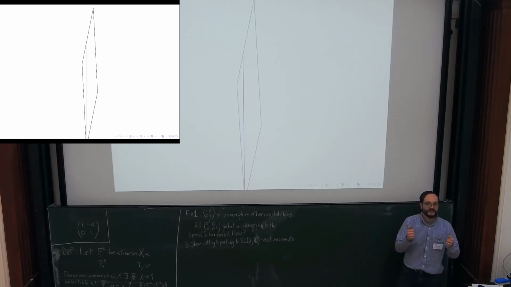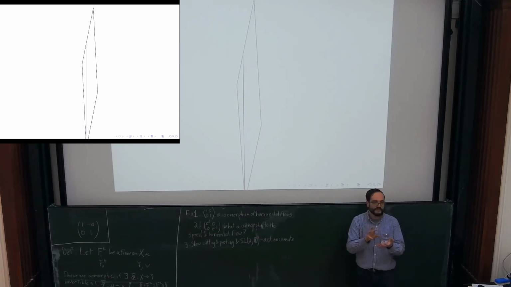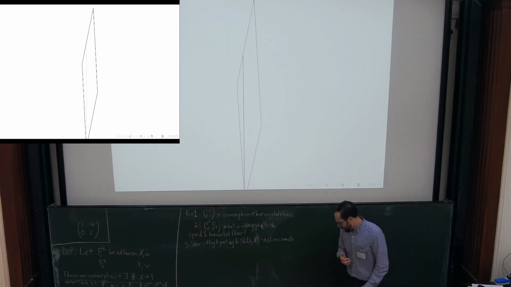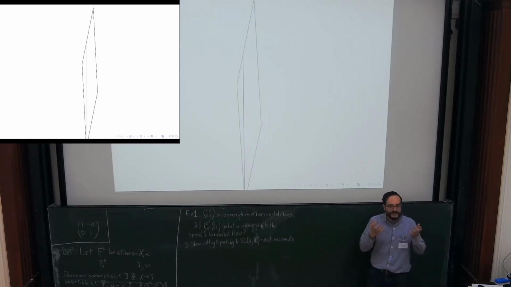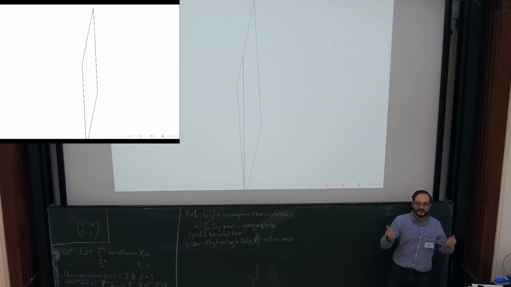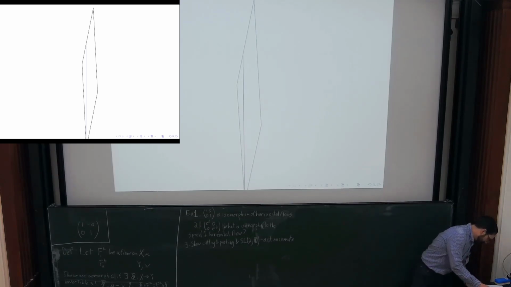You know how to compute volumes in R4, so I can get a local volume form on this orbifold. Moreover, this volume form is preserved by these affine changes of coordinates. So that's nice. We now have an affine orbifold with a volume form.